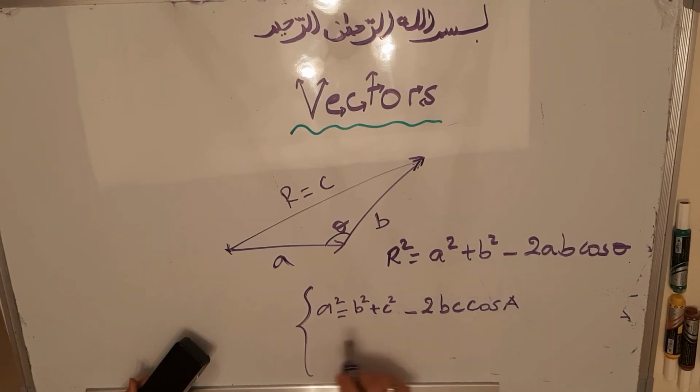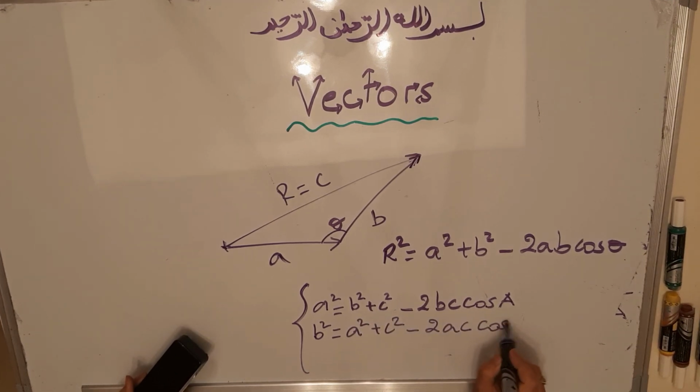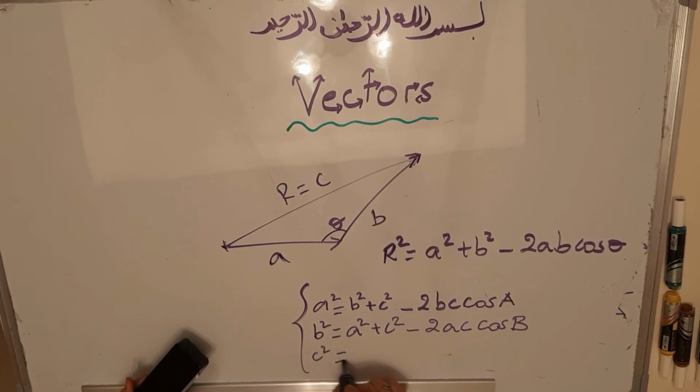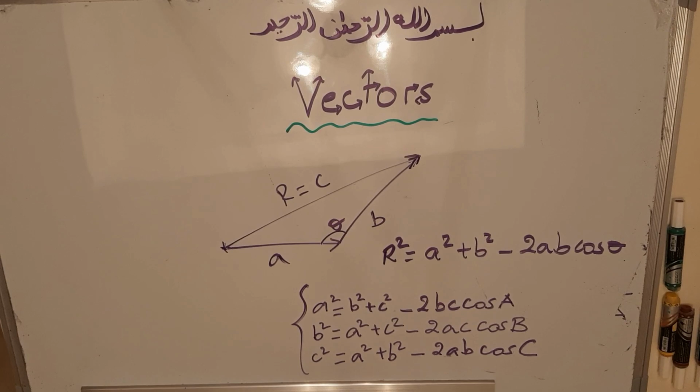Cosine A. You see, the side that you're looking for with the angle that is opposite to it. b squared equals a squared plus c squared minus 2ac cosine B, and c squared equals a squared plus b squared minus 2ab cosine C. I hope that this clarified some of the concepts about vectors and how to add them.